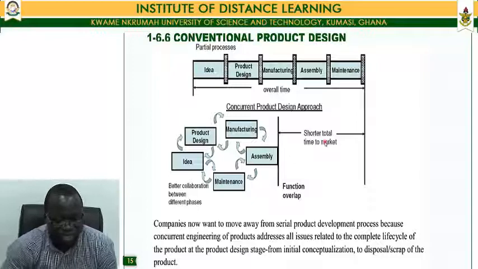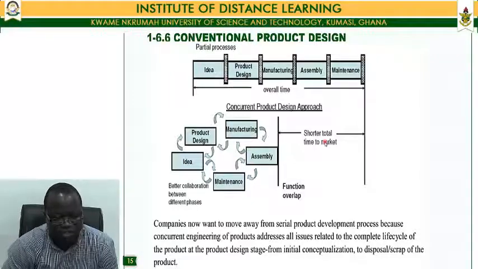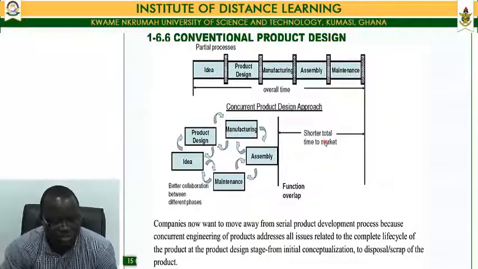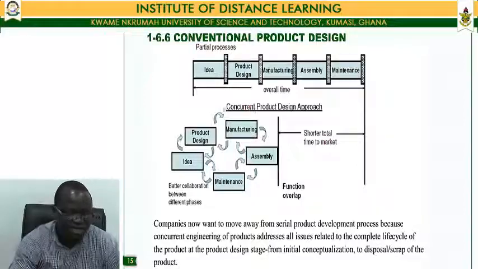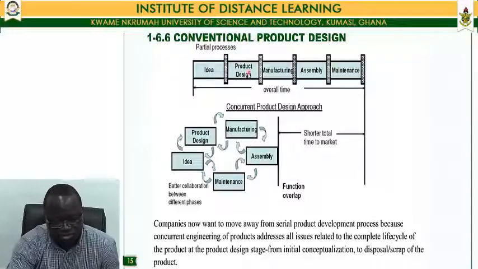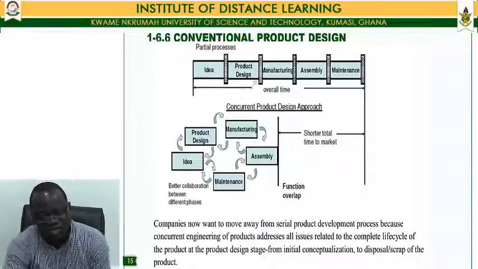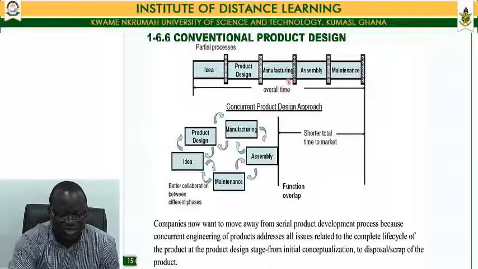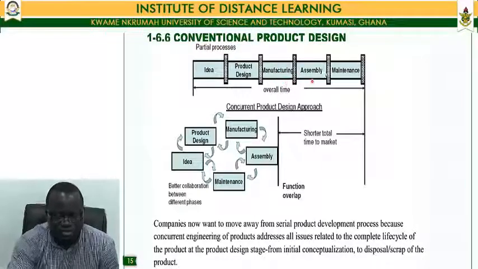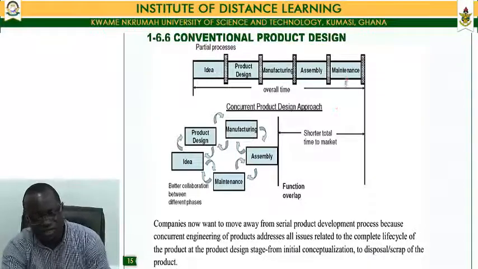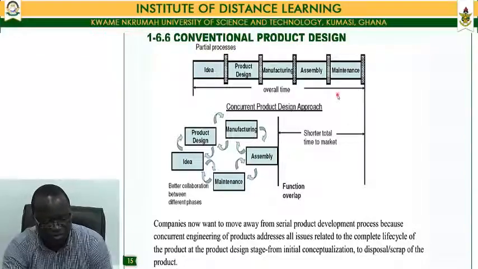If you look at a conventional product design, what used to be before the concurrent approach came in: if a designer has an idea or someone has an idea, it is passed to the product design. The product design is done and passed to manufacturing. Manufacturing manufactures the products, and passes it to assembly. That's it. Send it out there for maintenance. That is on the field.